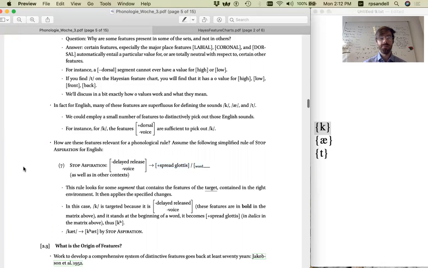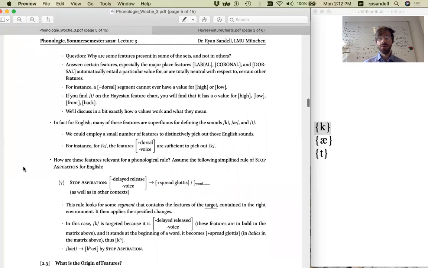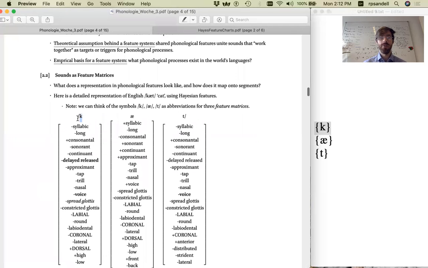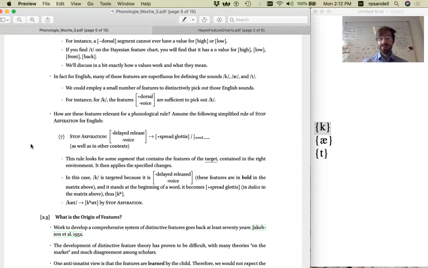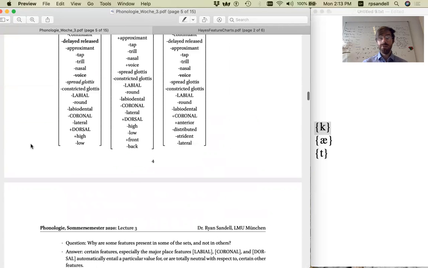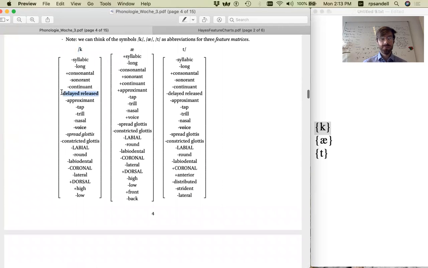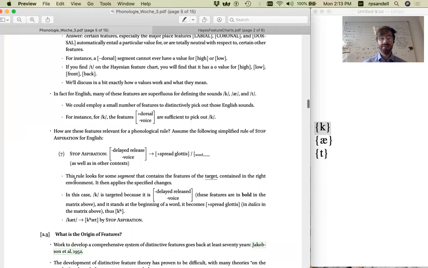plus spread glottis. So in the case of the word cat in English, a possible target is going to be this underlying phoneme ka, and it will be targeted because it bears the feature values minus delayed release and minus voice, which I've put in bold here. And because it stands at the left edge of a word, it's going to become plus spread glottis.